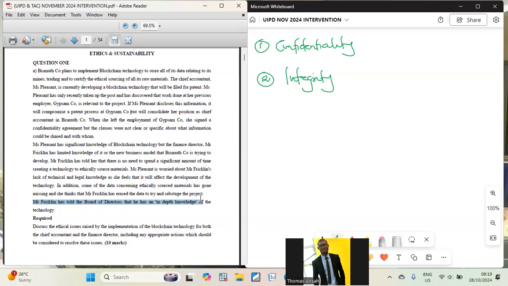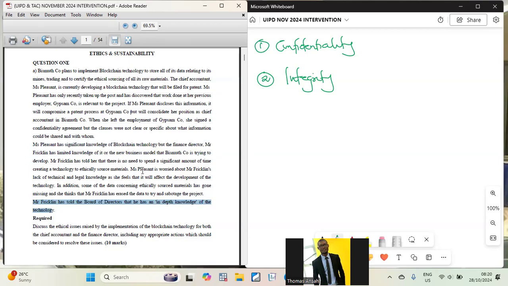But when we were reading the story, we realized that Ms. Pleasant has significant knowledge in the blockchain, but the finance director, Mr. Franklin, has limited knowledge in the new business model that they are trying to develop. So him telling the board that he has in-depth knowledge is not honest.